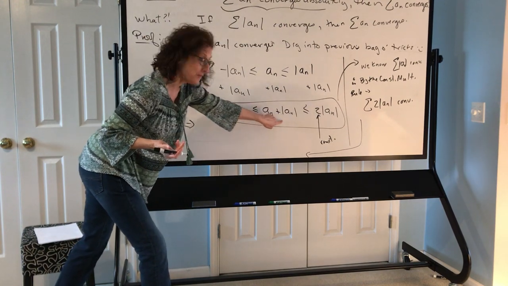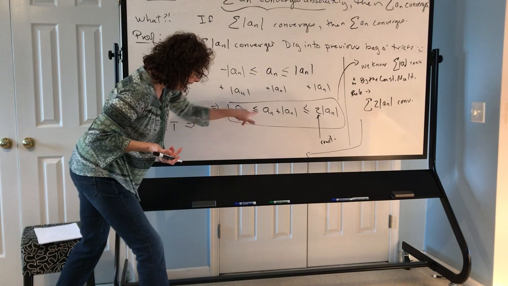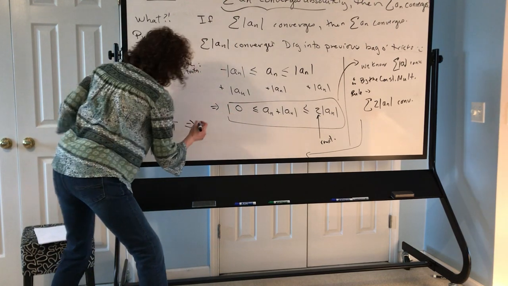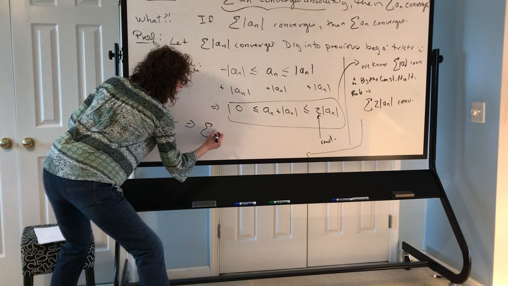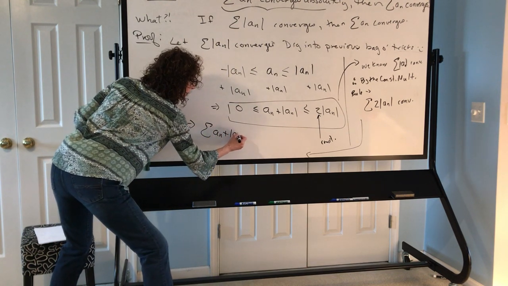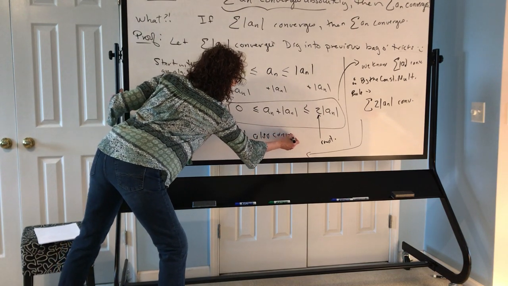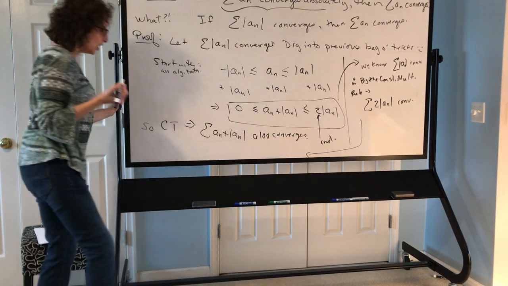So we're not quite at what we want, right? Okay? I can use the comparison theorem now because everything's positive, right? So the comparison theorem says the sum of a_n plus the absolute value of a_n also converges. But that's not quite what we want.